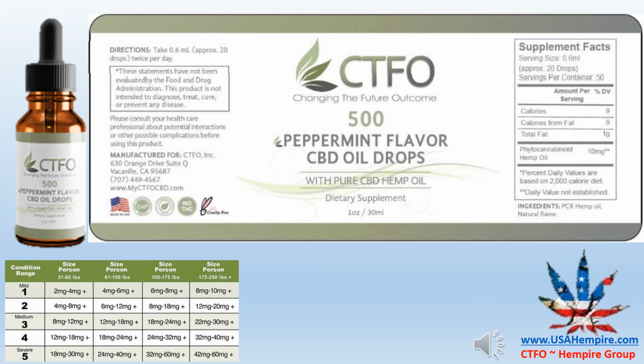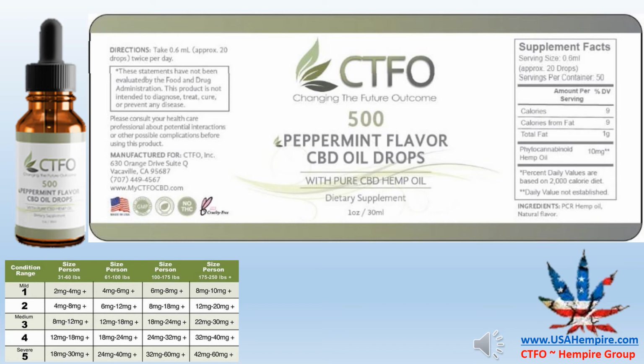Again, remembering I'm looking to hit the 30 milligram a day mark, the 500 milligram bottle would require me to take 3 servings per day in order to hit my 30. Problem with that is there's 50 servings in a bottle, and if I'm taking 3 a day, that's probably only lasting me a little over 15 days. And that wouldn't necessarily work for me either.